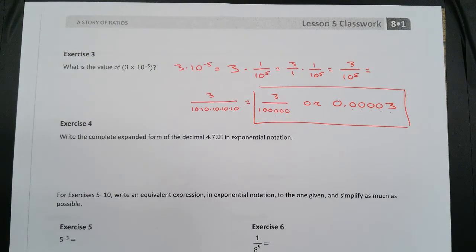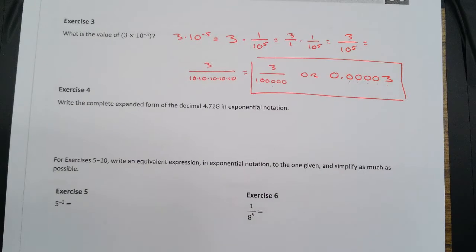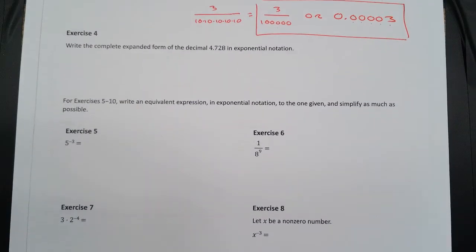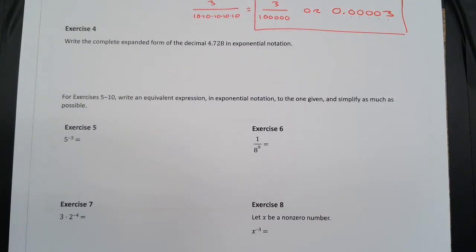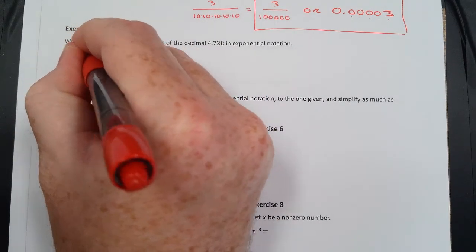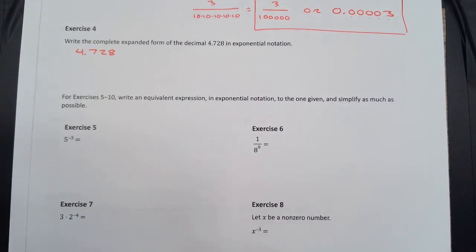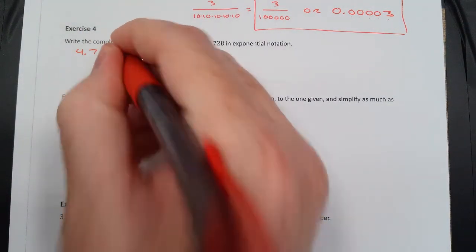Knowing how to write it in decimal form is especially going to help you with exercise 4 when we want to write a decimal form into exponential form. We did this before with whole numbers. Now we're going to do it with parts of wholes, decimals. So we have 4.728, 4 and 728 thousandths.